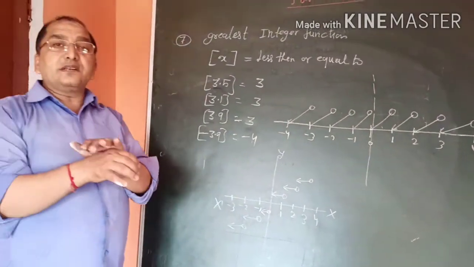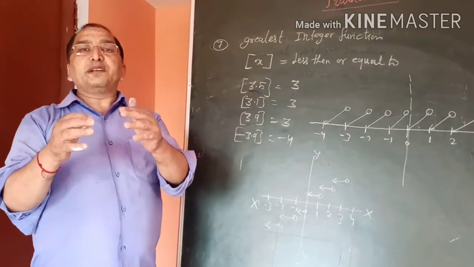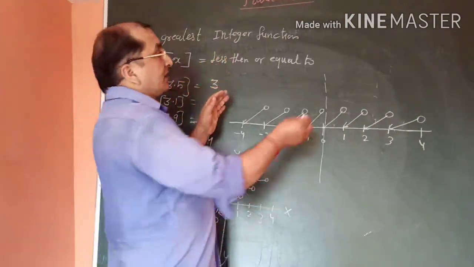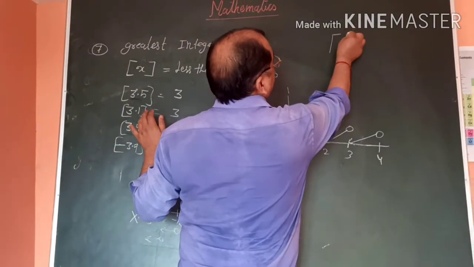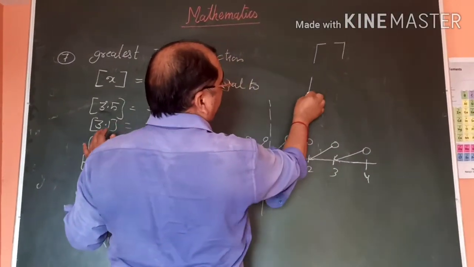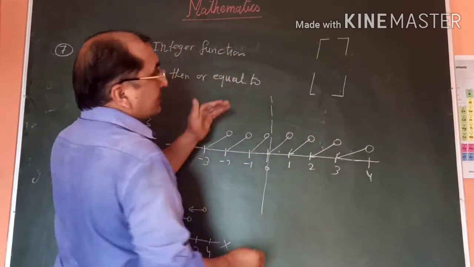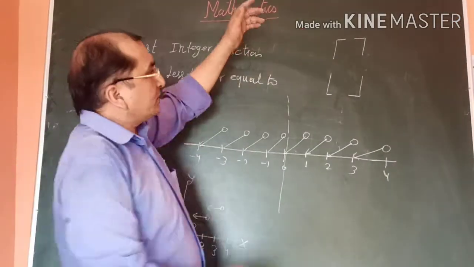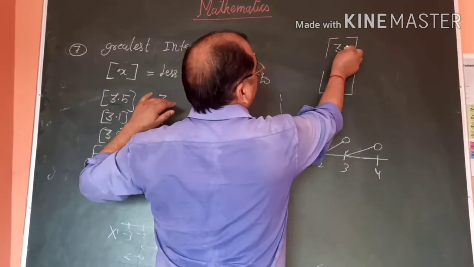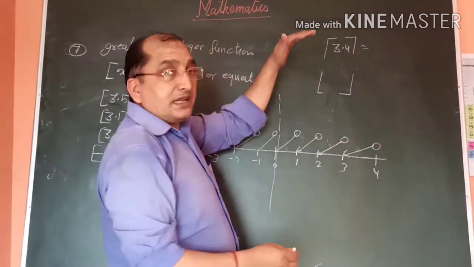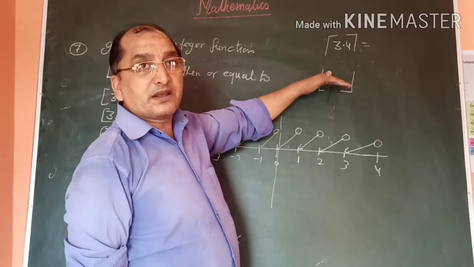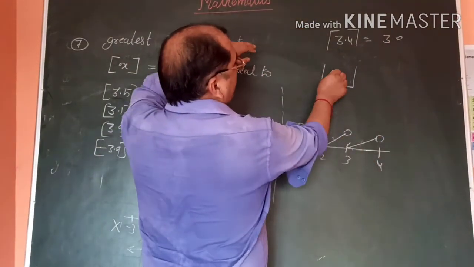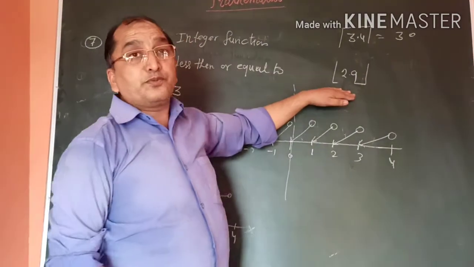And suppose we study these things from other competitive books. There are two more types of greatest integer function. Number one is the ceiling function, denoted by this symbol, and the floor function is denoted by this one. Suppose we have 3.4. The ceiling function means less than or equal to, the just lower number will come, so 3.4 gives 3. And suppose 2.9 is here, this is the floor function.